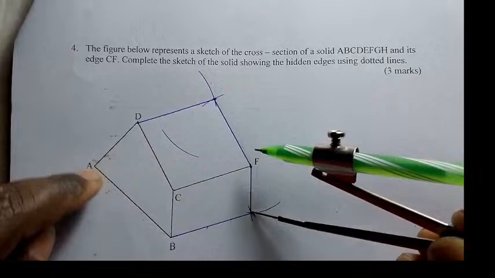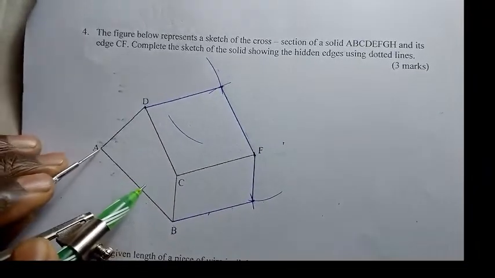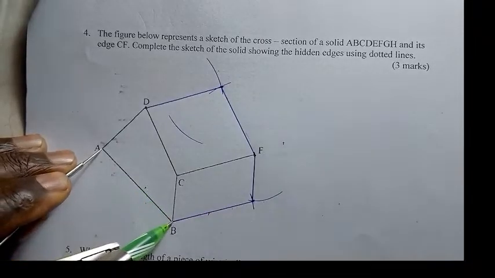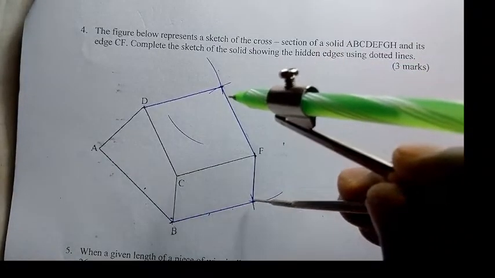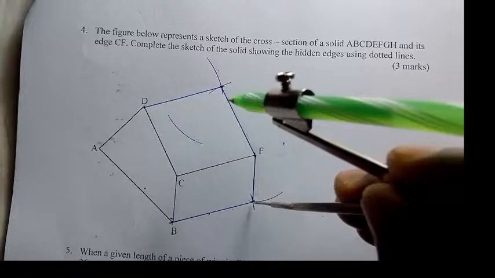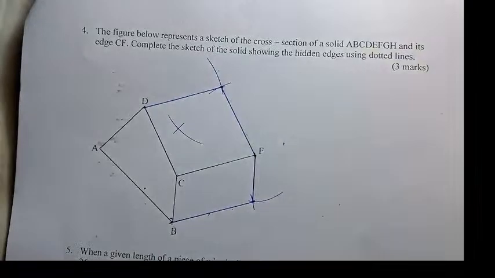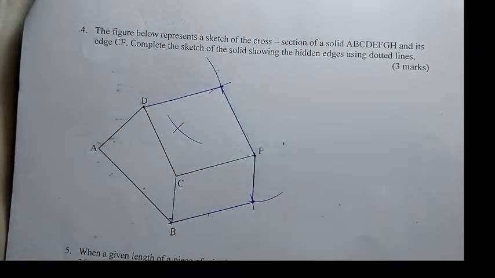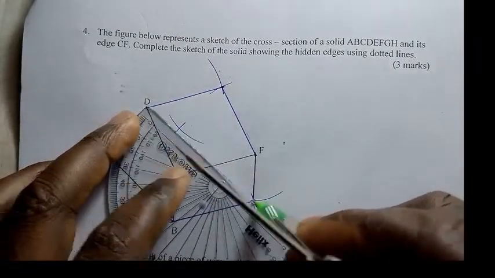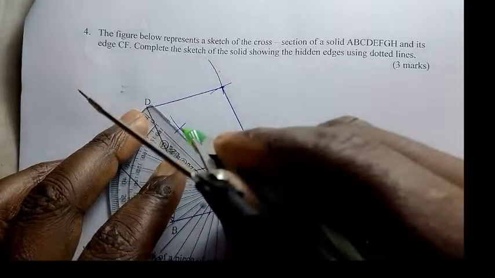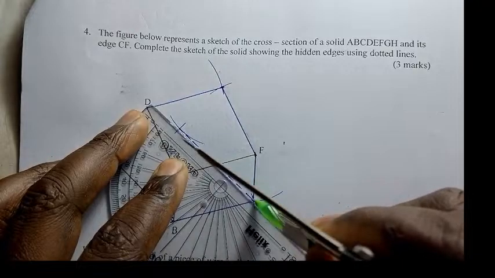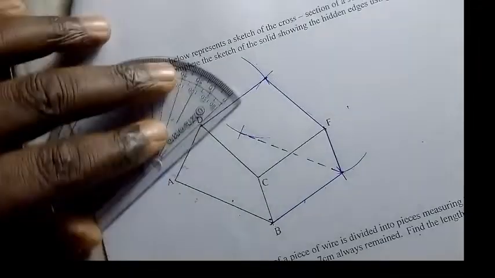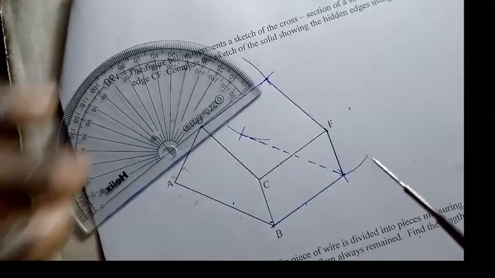So take your ruler, this protractor, a pair of compass, and mark AB. Once you have done that, take this point and mark there. So now what you do, you join this point and this point using dotted line, and then this side also using dotted line.